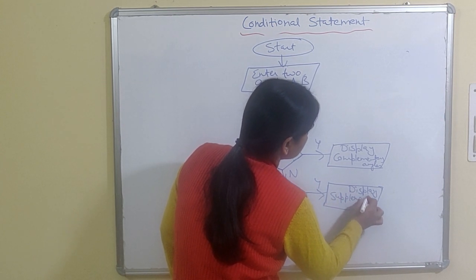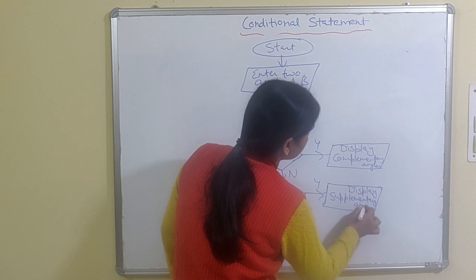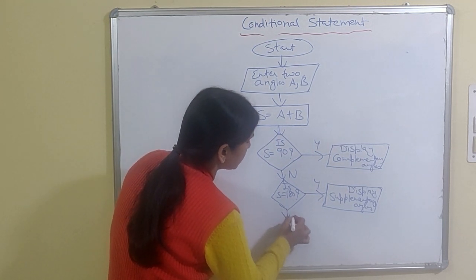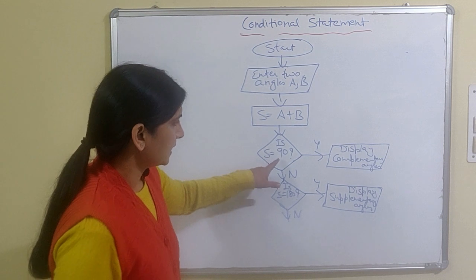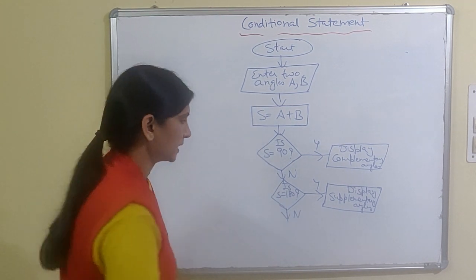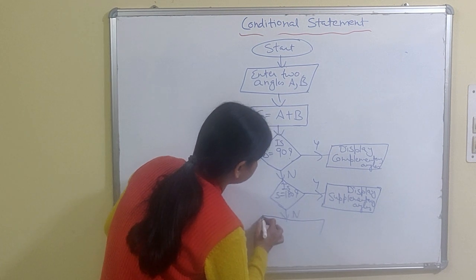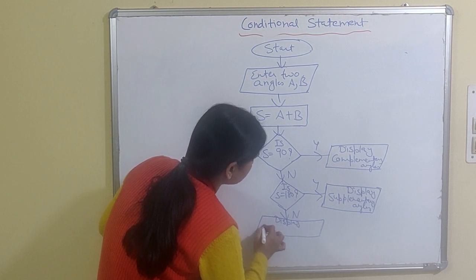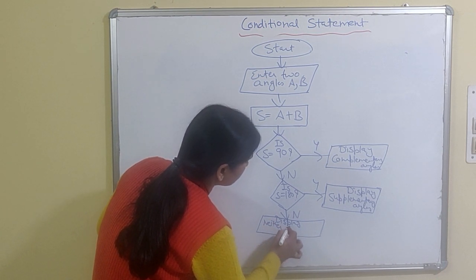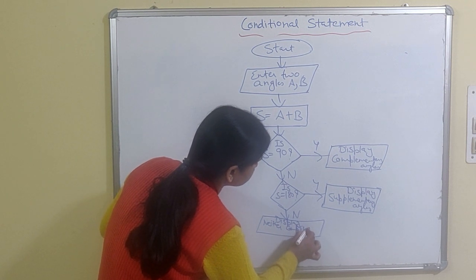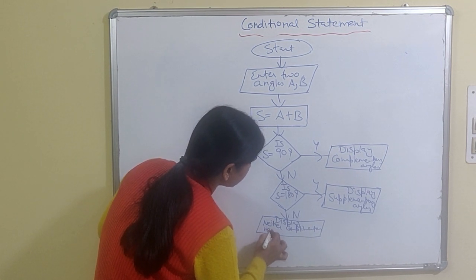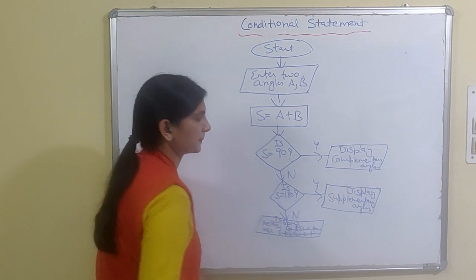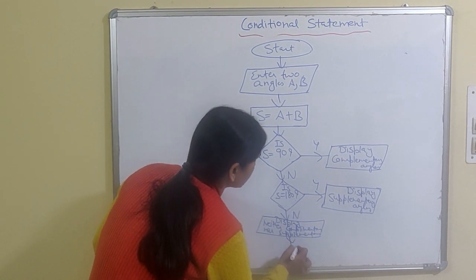Display supplementary angles. Fine. If it is no, means neither 90 nor 180, then it should display neither complementary nor supplementary. Display neither complementary nor supplementary. Fine. Then stop.